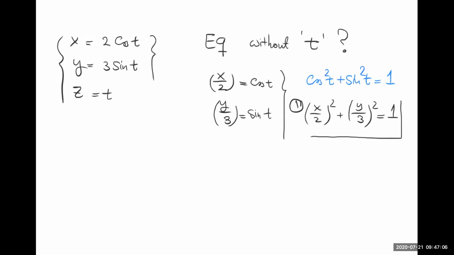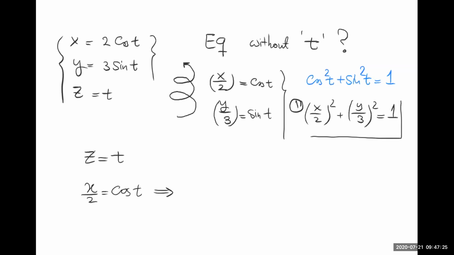Well, z is equal to t. But what is t? Look at one of these equations, for example, the first equation. x over 2 is cosine of t. We are going around the helix many times.